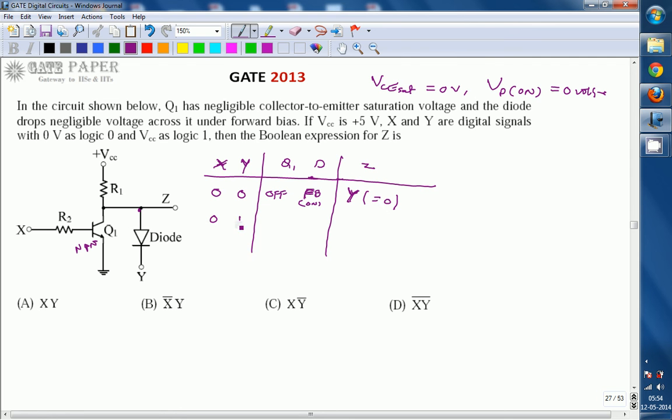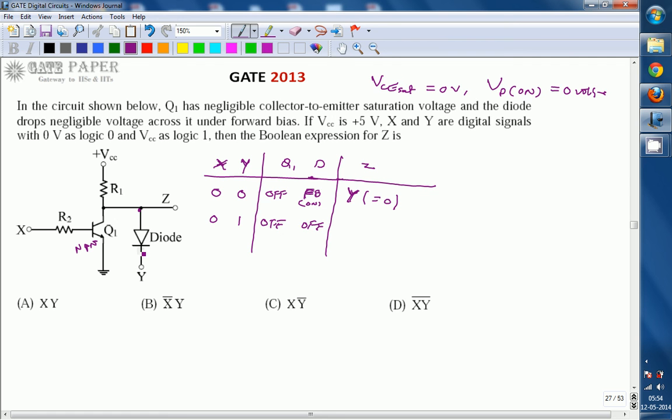Next, 0, 1. Whenever you are applying 0, 1, Q1 is going to be in the off condition because Q1 is an NPN transistor, and diode D1 is going to be in reverse bias, that is the off condition. Why reverse bias? Since Y is given as logic 1. Logic 1 is VCC.